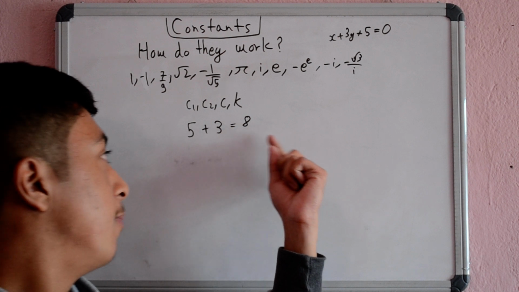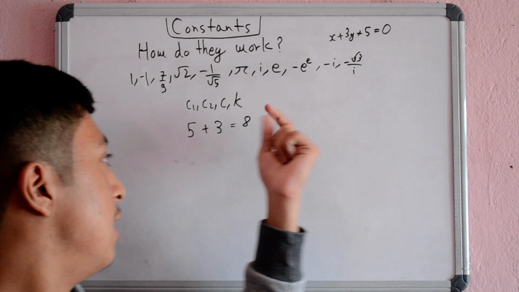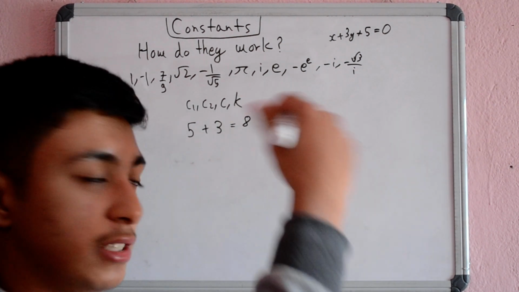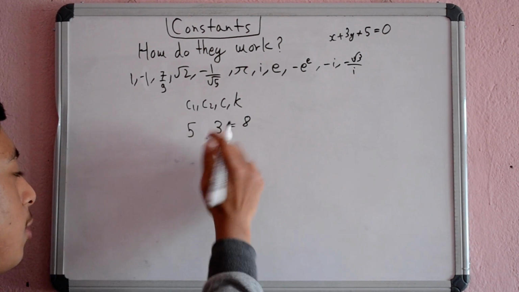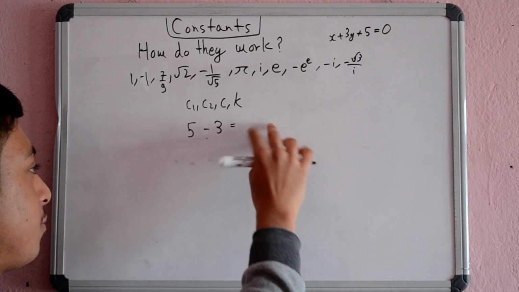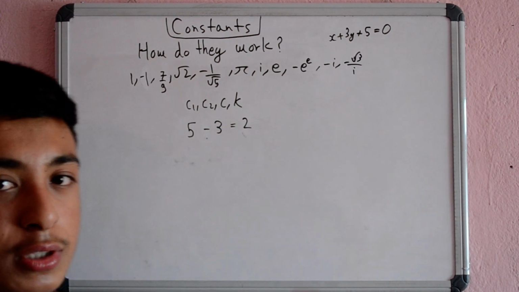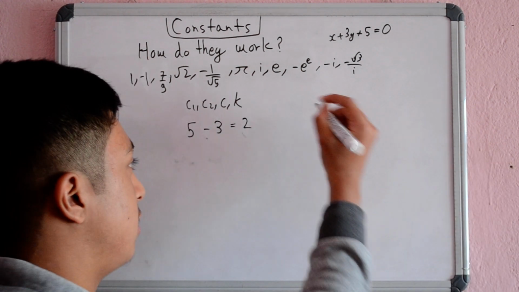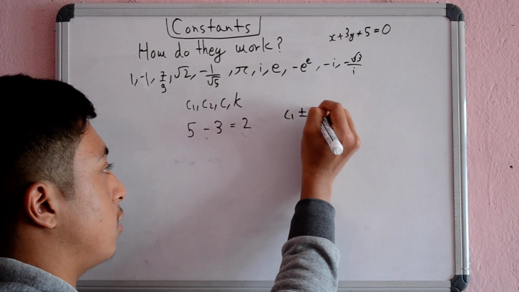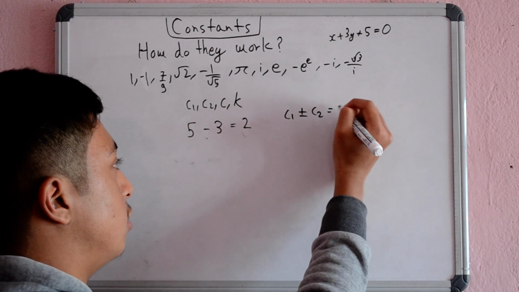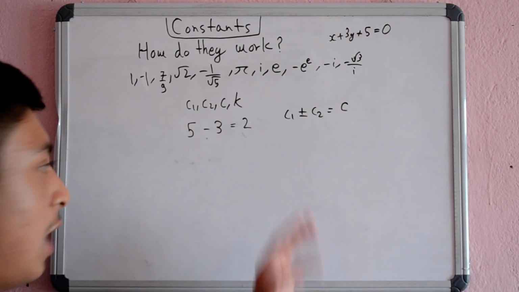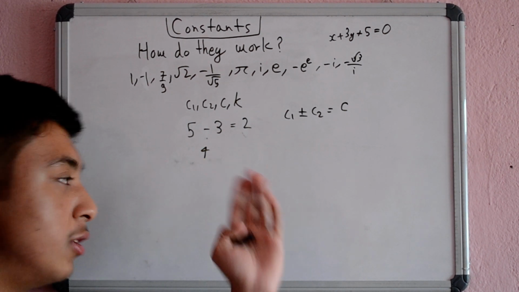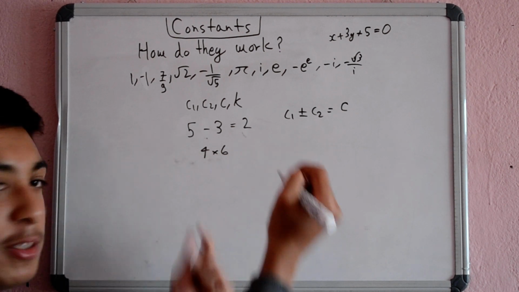And what is 8? Well, it's a number. And here this is a constant because, as I said, a constant is a number. And let's say we subtract 3 from 5. This becomes 2, which is again another constant. So what we learn from this is that a constant plus or minus another constant gives just another constant. Now let's say we choose another constant, let's say 4 and 6, and we multiply them.